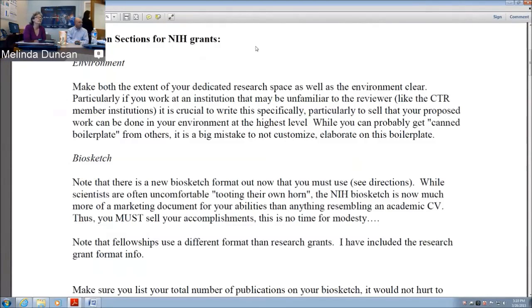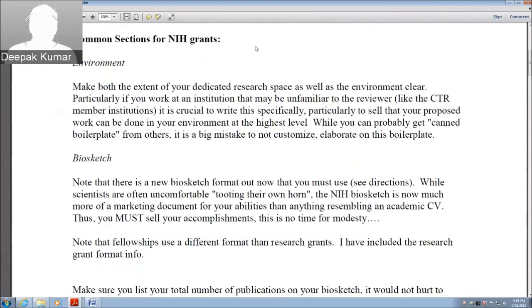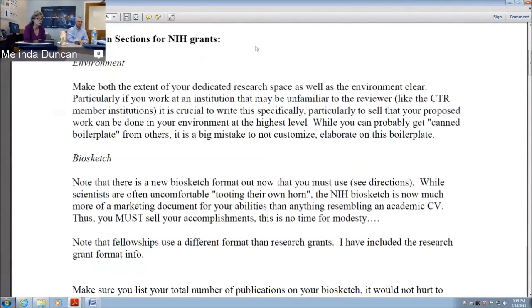But what they haven't done is what the intent of the environment resources page is. And that is to really convince the grant reviewers that the environment is a really good place to actually do the work you are proposing.